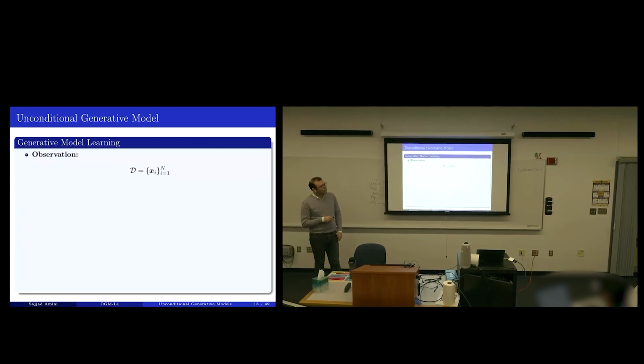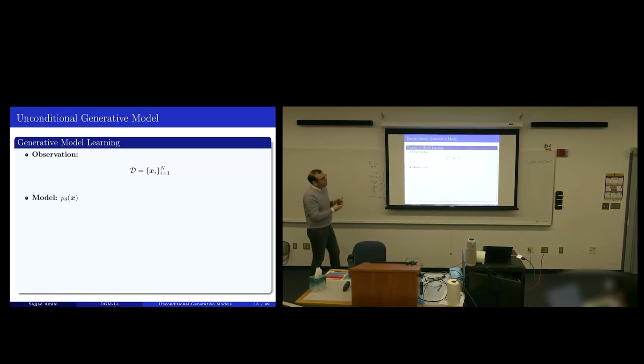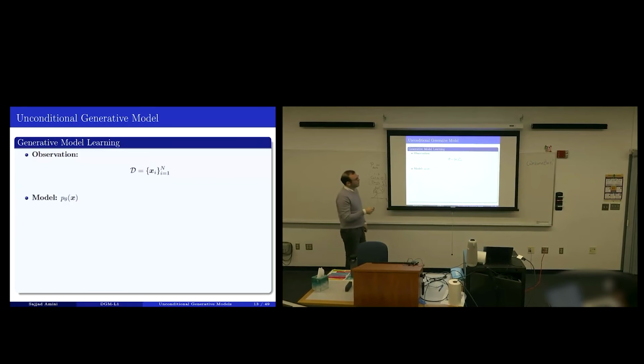You just have, for example, a bunch of natural images, and what is your model? Your objective is to estimate the true data distribution. I call it P data of X. What is your model? You have a parameterized model. How is this parameterization? It is the thing that we talk about in this course.